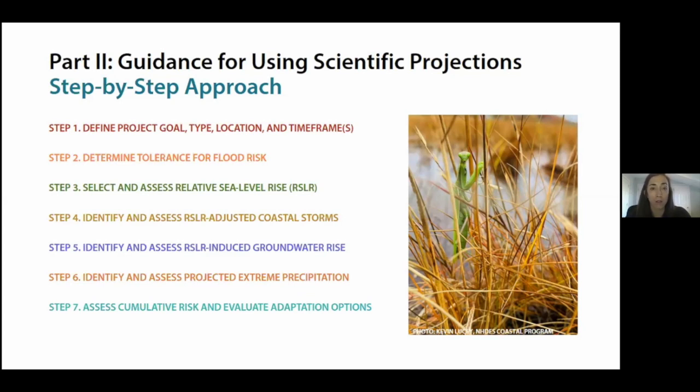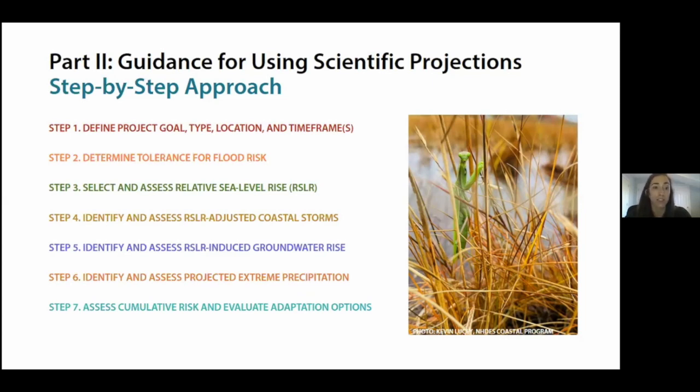The 7 steps outlined here are intended for everyone from property owners to state agency staff, really anyone who is going to be making decisions about how to deal with coastal flood risk in the future, whether that means you're renovating your house, you're creating a community master plan, or you're setting state standards for road design or wetlands protection, for example. The guidance refers to the people making these decisions as decision makers, and that could be a multi-stakeholder group or even an individual, depending on the type of decision being made.